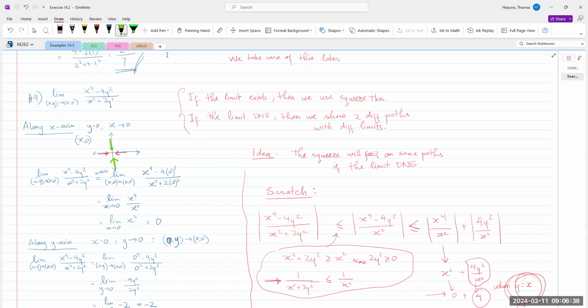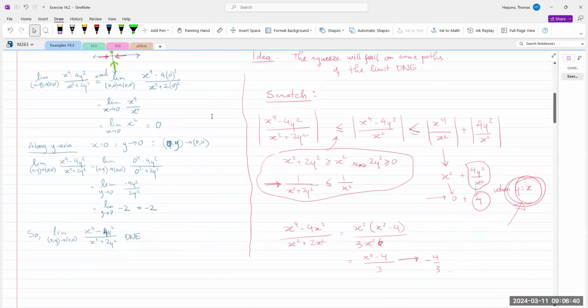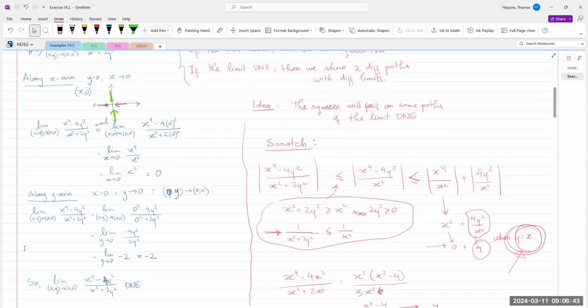Okay, so my key point is this. My key point is not to use these paths to show the limit does not exist. If we know the limit does not exist, then we try to show two different paths, and the two simplest paths are the x-axis and y-axis. In fact, I usually do that first, and if I go along the x-axis and along the y-axis and get the same limits, then I try to squeeze.